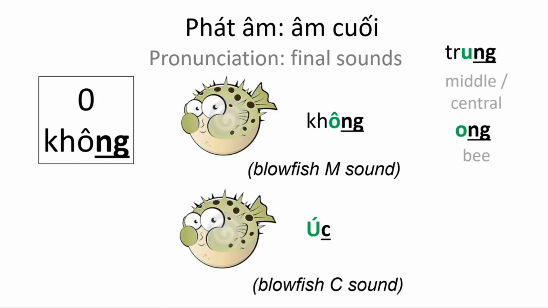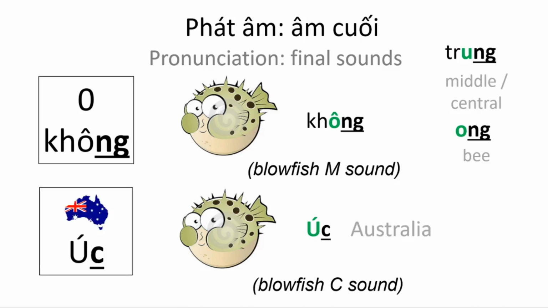But we also have the blowfish C sound, as in úc. You make the same movement with your lips, you puff them out, but instead of trying to pronounce an M sound, you try and pronounce a C sound, and you get úc, which is Australia.